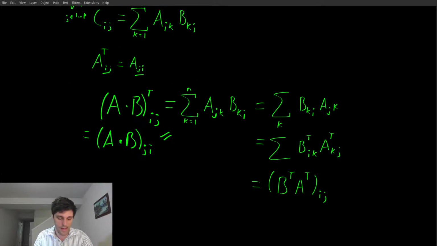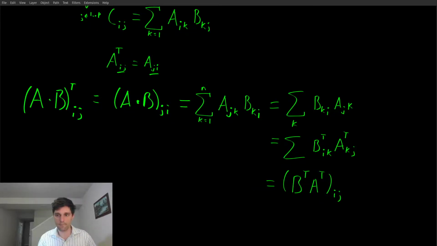Actually, let me clean up my awkward transition there. So (A times B) transpose at ij is equal to A times B at ji. Now we use this definition of the sum, A jk B ki, flip those around, and we get B transpose A transpose at ij.